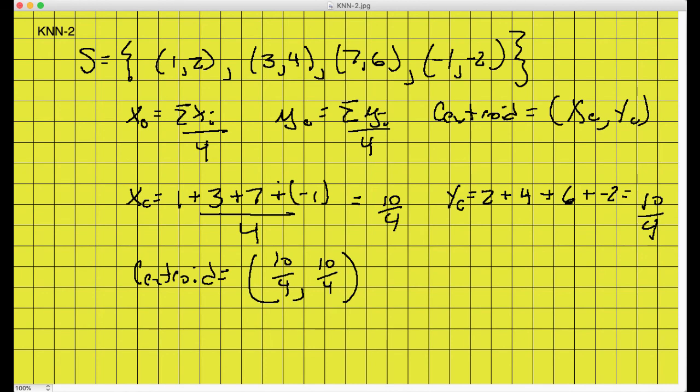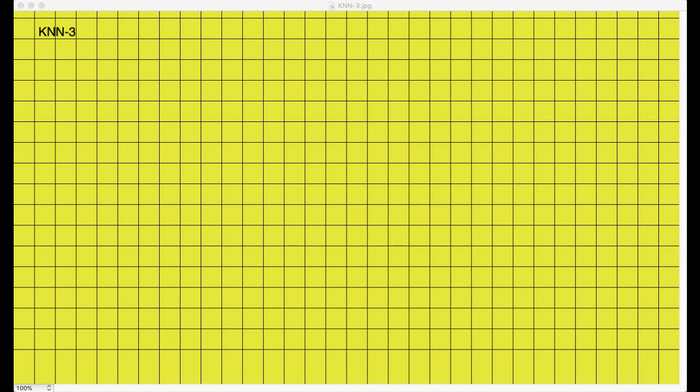Okay, so what is this algorithm that we call KNN? Well, the goal of KNN is to partition the data.